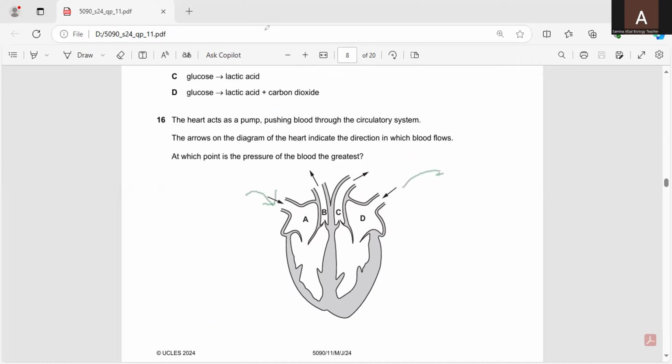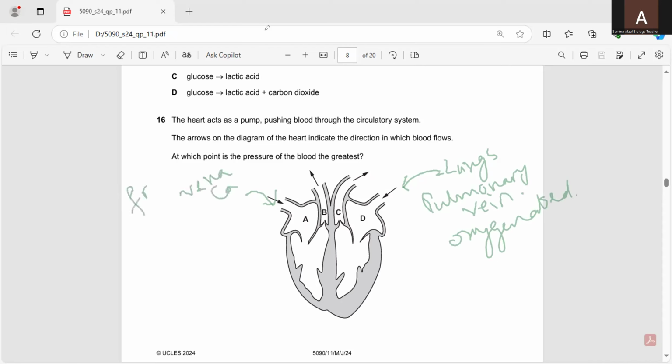Blood coming from the lungs through the pulmonary vein is oxygenated and enters the left atrium. The right atrium and right ventricle have blood from the body through the vena cava, so it is deoxygenated blood.